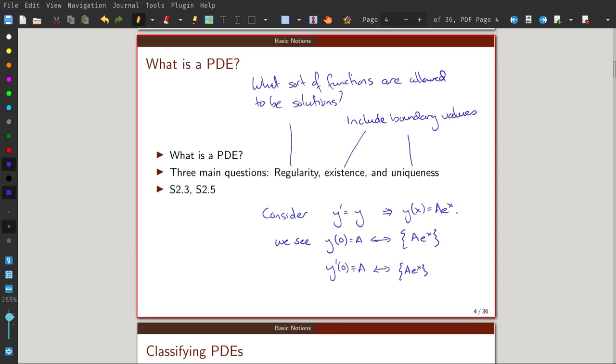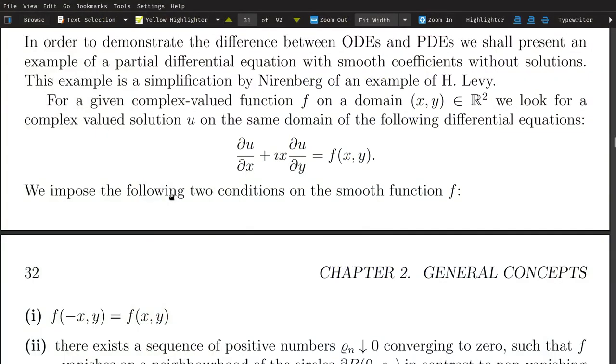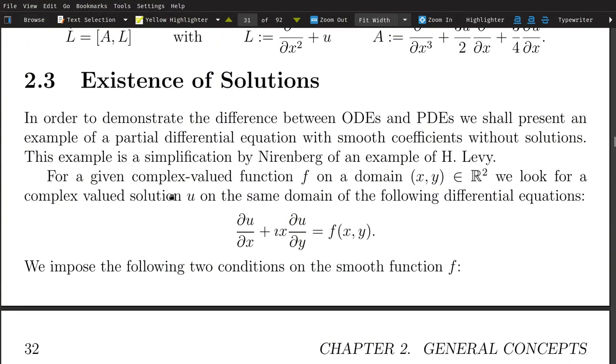So those are the main questions we ask of a partial differential equation. And as we go through and look at different partial differential equations, you can understand somewhat that what we're doing is answering these questions of regularity, existence, and uniqueness. I'll point out a particular example in section 2.3 of the lecture script, existence of solutions.